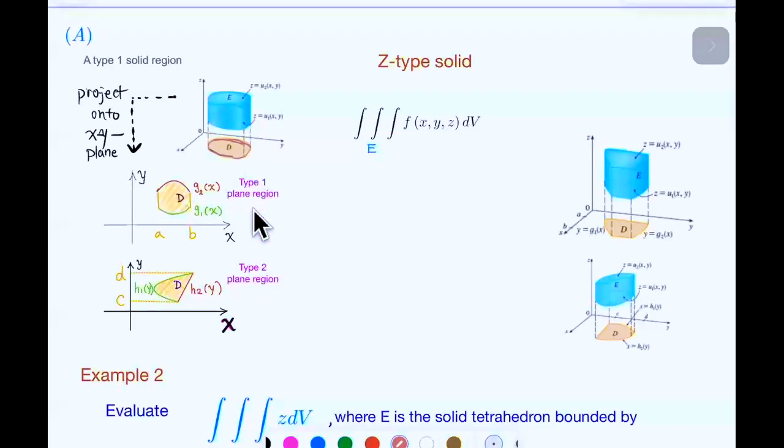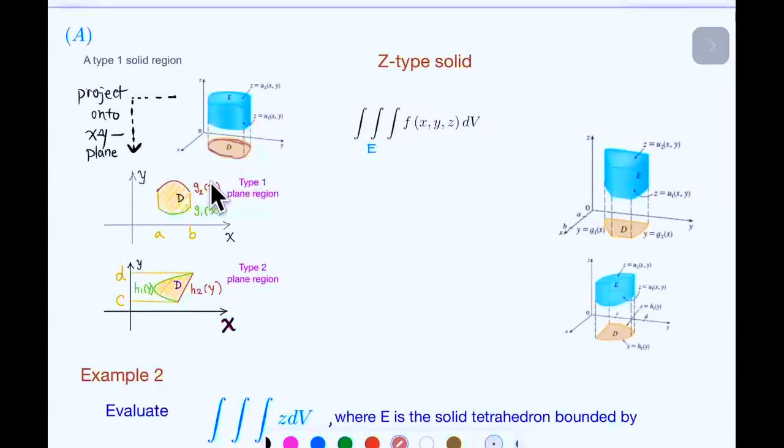That's called type 1. A type 2 plane region is where Y goes from a constant to a constant, C to D, and X is bounded on the left by this and on the right by this. For this reason, for the solid I don't want to say type 1, type 2, type 3, because that is confusing since for the plane region you already use type 1 and type 2. So for the solid, I just say X type, Y type, Z type.